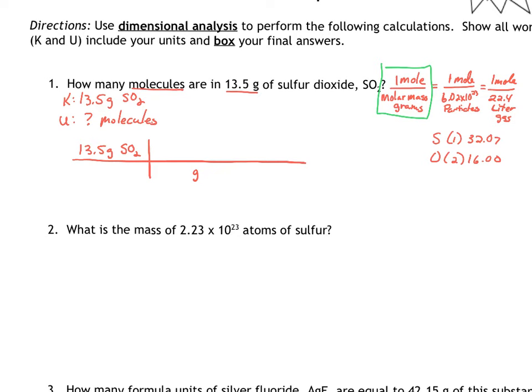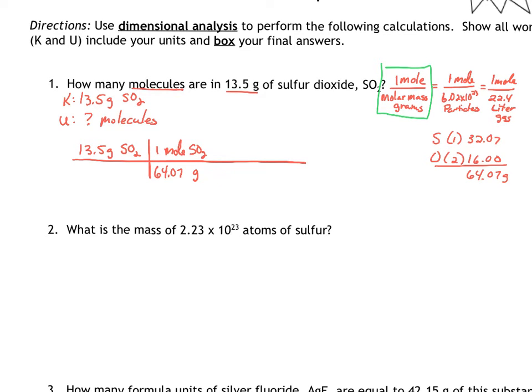I've got 2 of the oxygen and 1 of the sulfur. So I'm going to use my calculator and do this in one step: 2 times 16 plus 32.07. That gives me a molar mass for this compound of 64.07 grams per mole. So now I can put that here, 64.07 grams per 1 mole of SO2.